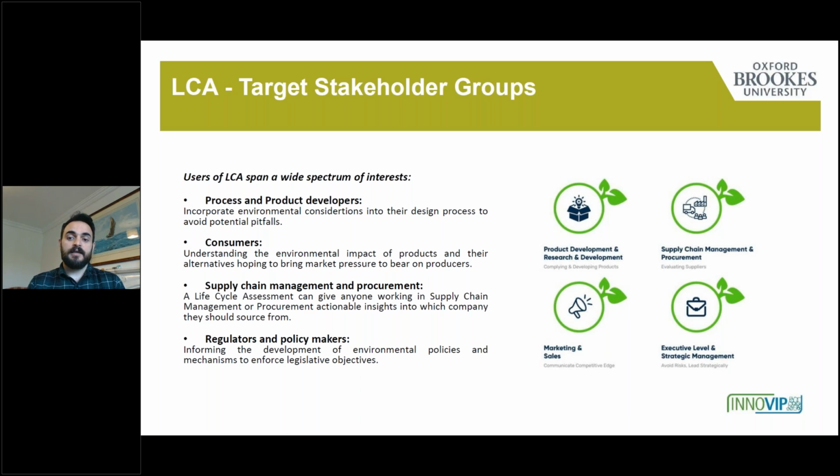And at the end, the regulators and policymakers. I'll go to that point in more detail later on in the presentation.